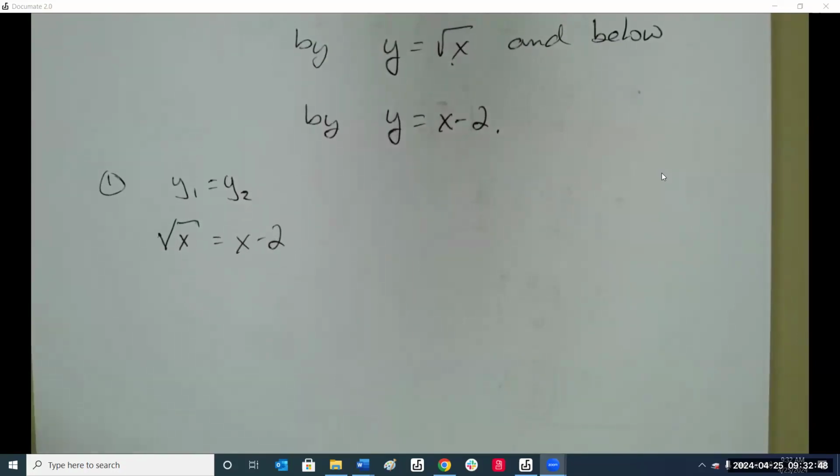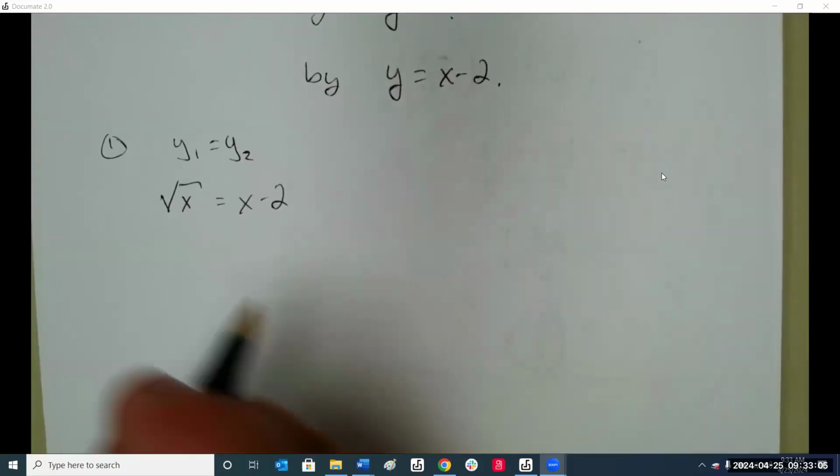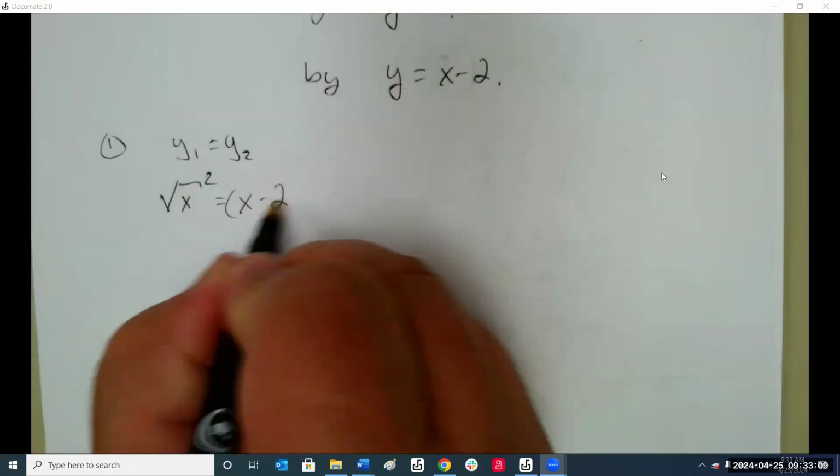Now solve for x. What do you have to do first? You're solving for x. What do you have to get rid of? Get rid of the radical. You can't solve inside a radical, so we have to square both sides.